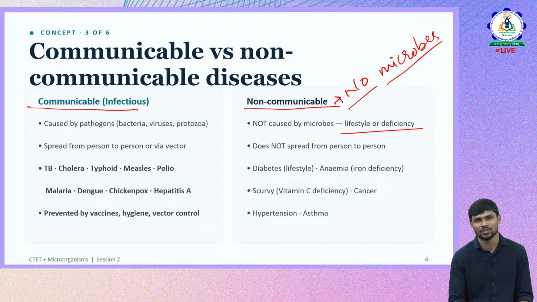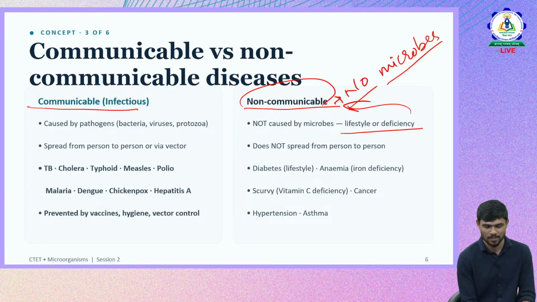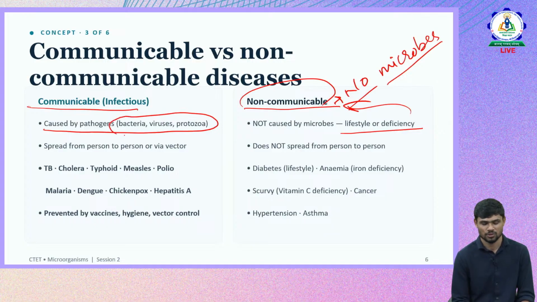If there is a deficiency or excess secretion of hormones, there will be disorders in human beings. Communicable diseases, by contrast, are caused by pathogens, the microorganisms: bacteria, viruses and protozoans.